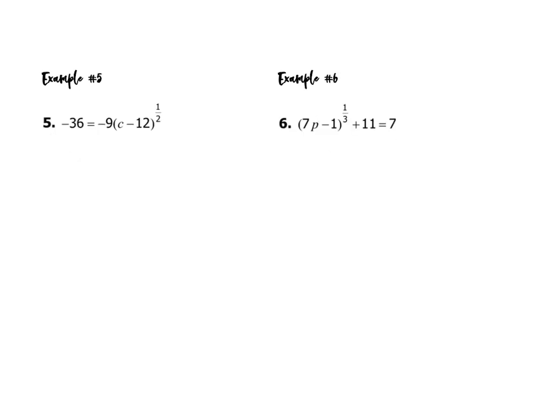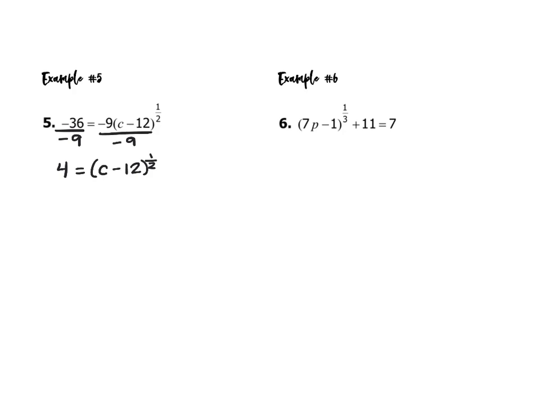All right, looking at example number 5, it's a little bit different because I don't have a radical. But I'm still going to do the same steps, so I can divide everything by negative 9 to get rid of that coefficient. And I end up with 4 equals c minus 12 to the 1/2.